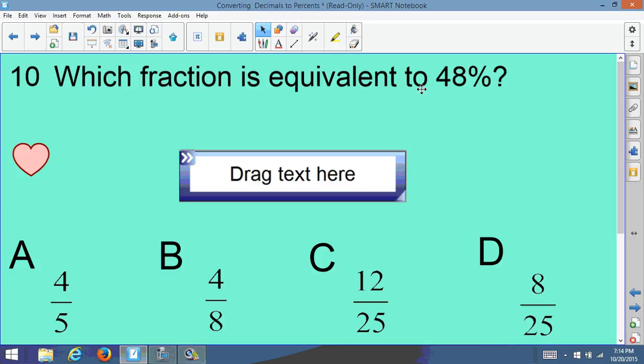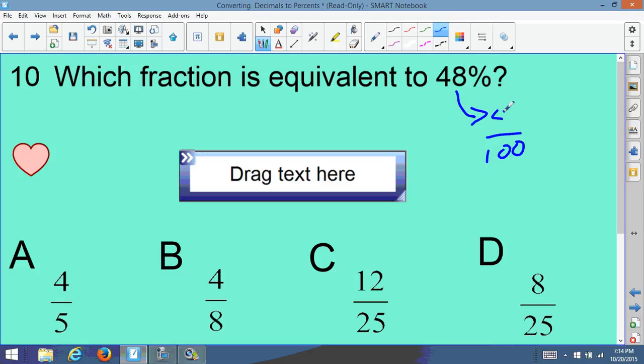That means the bottom number is going to be 100. So let's get a pen real quick. The bottom number is going to be 100, and then take the 48 and put that right on the top.